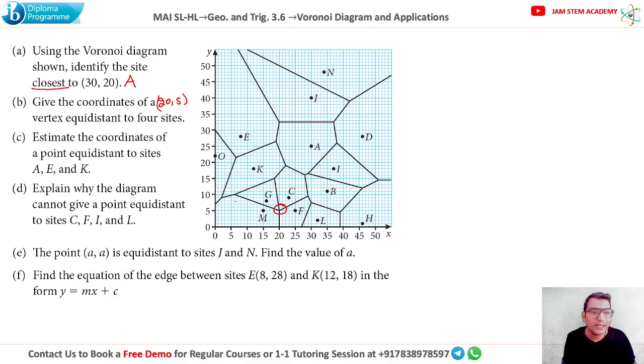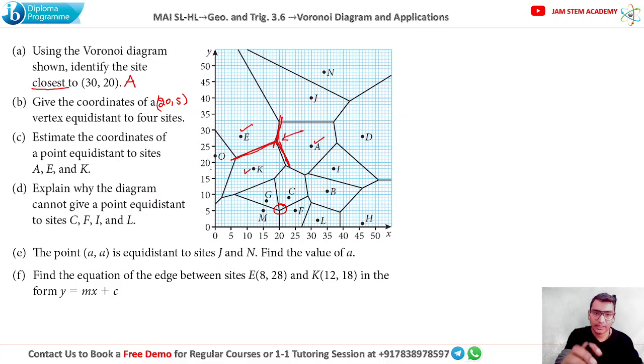Third part, estimate the coordinates of the point equidistant to the sites A, E and K. So go to the site A here, E here and K here. What is that point which is at equal distance? So we will use the perpendicular bisectors of EK, AK and EA. So what is that point? This point is the answer.